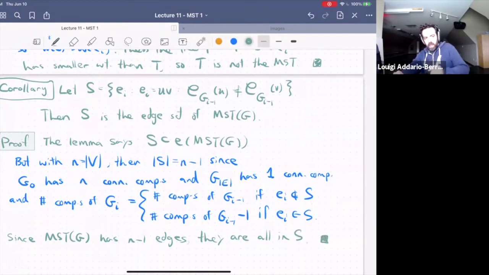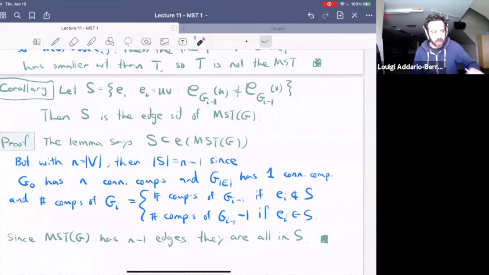Okay. I see a question in the chat. Is that G_{i-1}? So that's i minus 1. So I'm saying the edges that join distinct connected components of G_{i-1}. Okay.